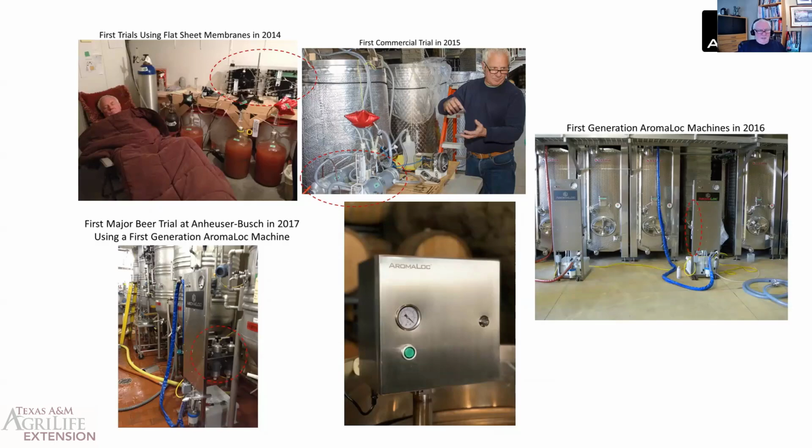So our small machine is for sale, and we have a price tag on that in the $6,000 to $7,000 range at this point. We are in the process of designing a system for up to 30,000 liters, but we don't have it yet. Thank you.